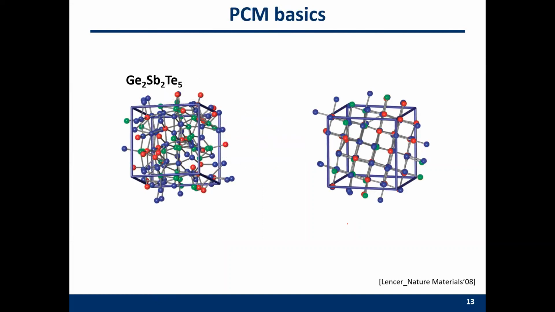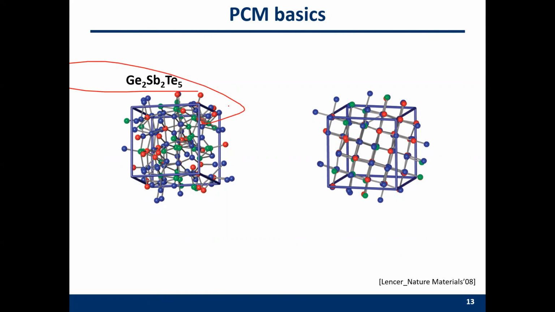So first, I would like to present some background on the phase-change memory. Phase-change memory uses so-called phase-change material to record the data. And this is the material. The material is actually some chemical compound like this.